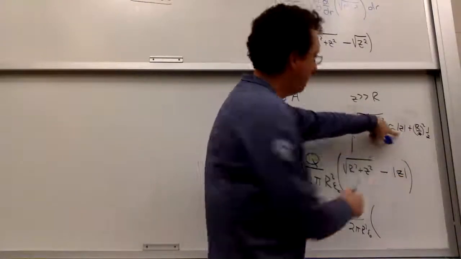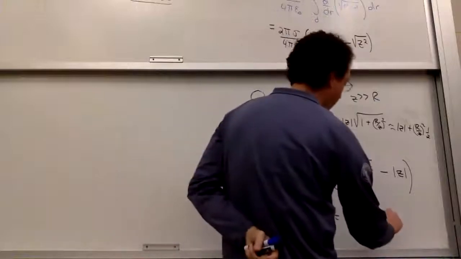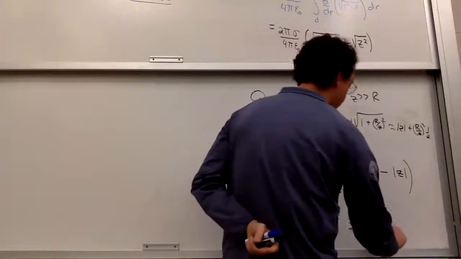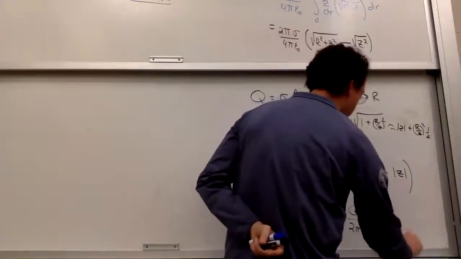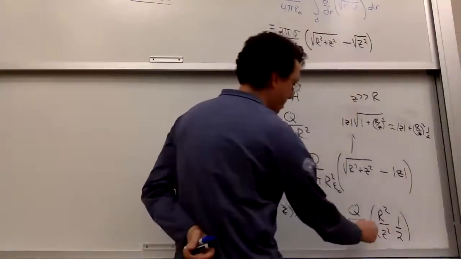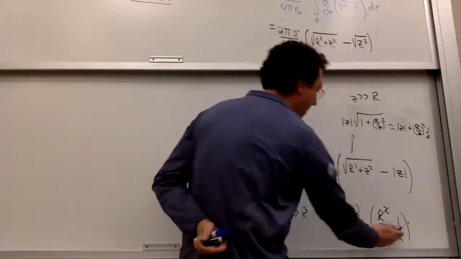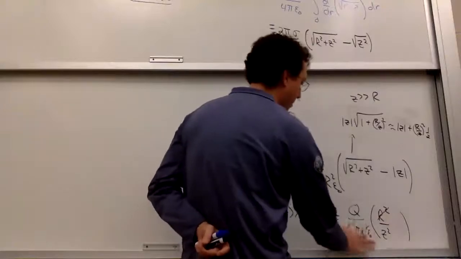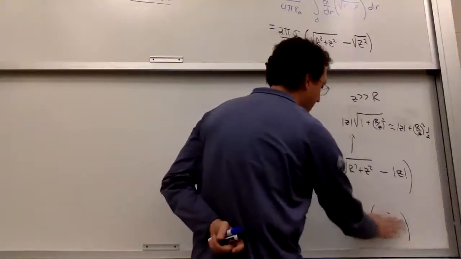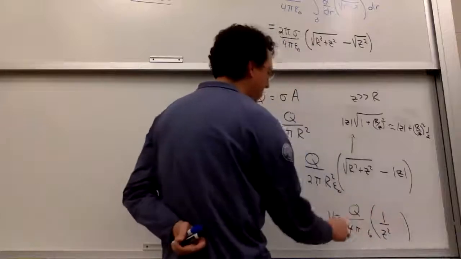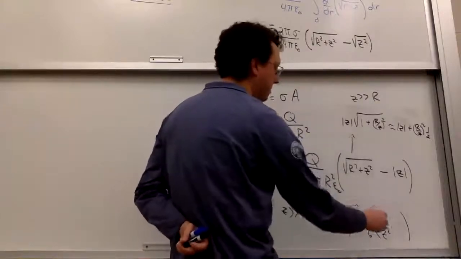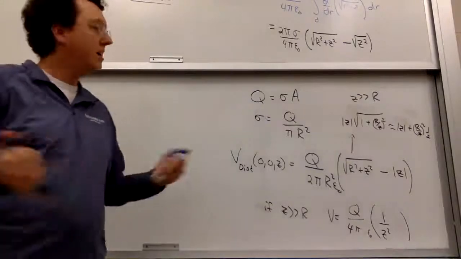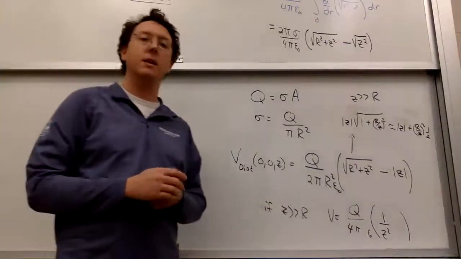So these two z factors would cancel, and I would get R squared over z squared with a half. And I see that the R squareds cancel, and the half combines with the 2 to give me a 4. And sure enough, I have Q over 4 pi epsilon naught times 1 over z squared. It looks like a point charge when z goes off to infinity, as it should. And that just gives me confidence that this, in fact, is the correct answer.